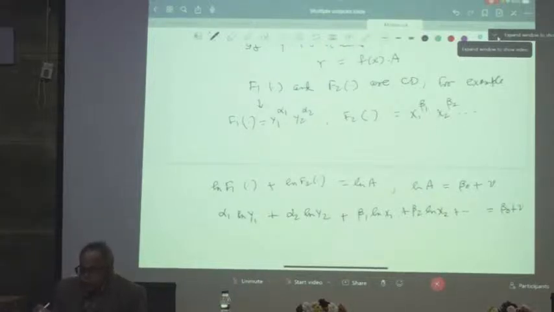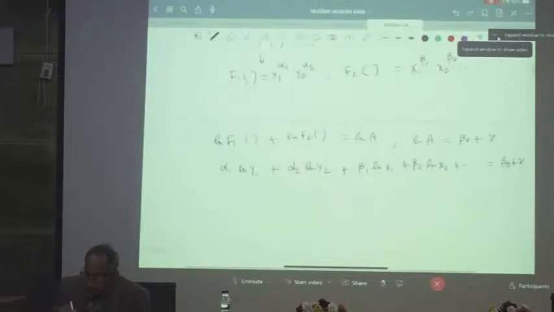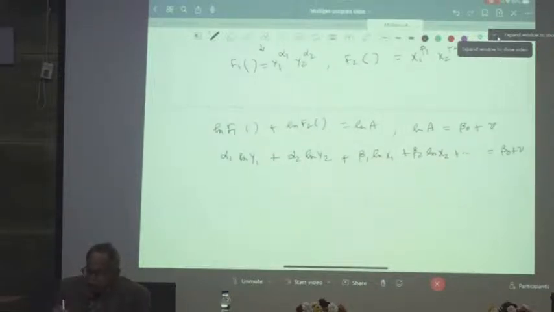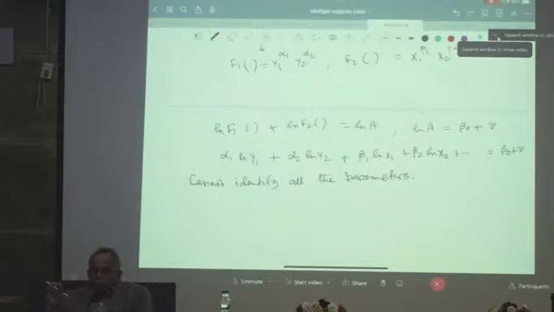Now, when you write it out, it's clear that again you cannot identify all the parameters. Remember when we were talking about the single output production function, we were writing y1 on the left hand side and the x's on the right hand side. So what was the coefficient on y1? There was no coefficient, right?